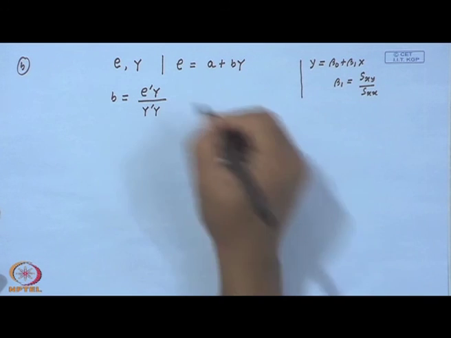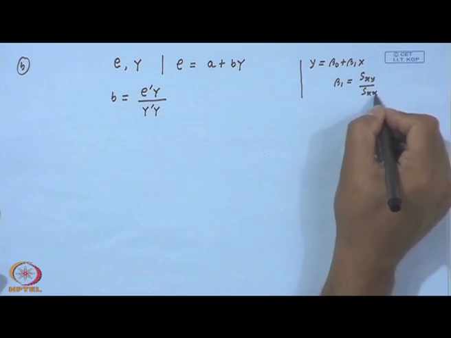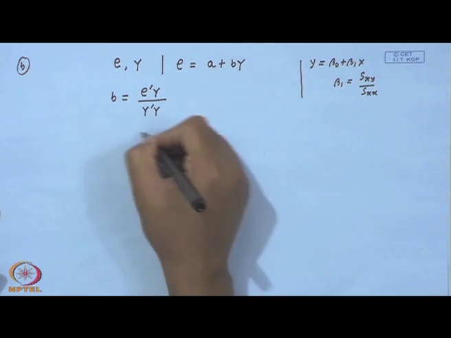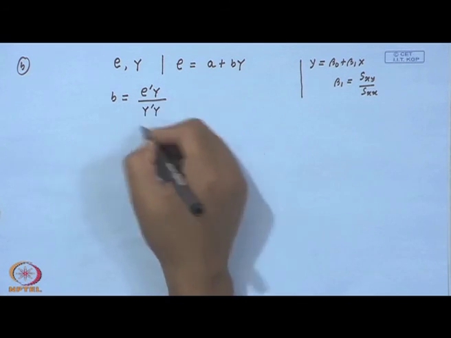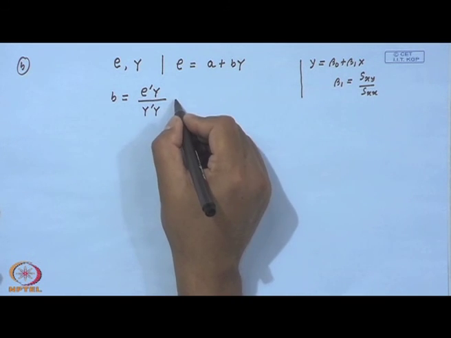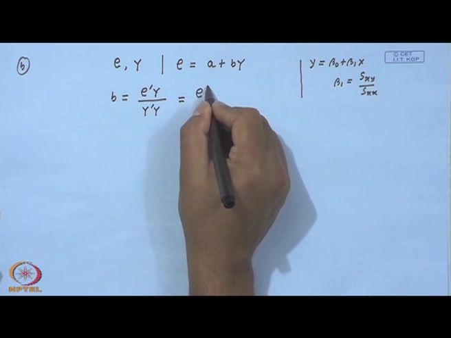Similar to that, x y is x prime y and then x prime x. So this has followed from here. Now, E prime y, we proved, can be written as E prime E.